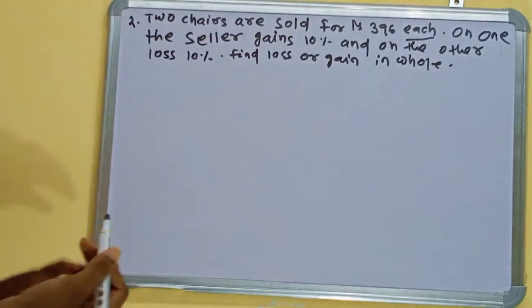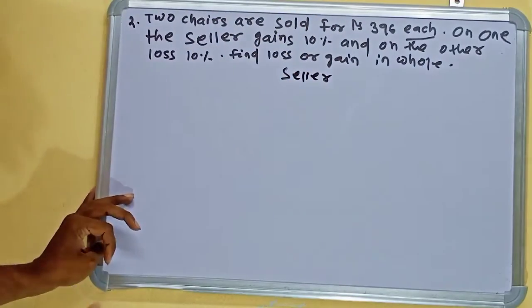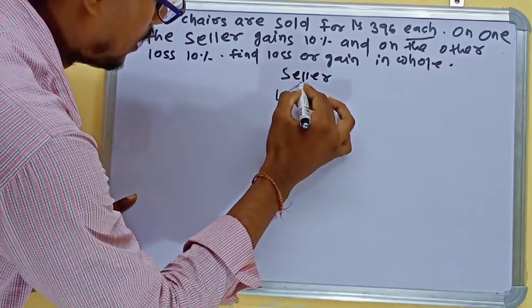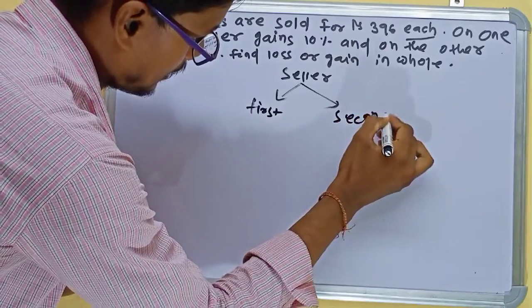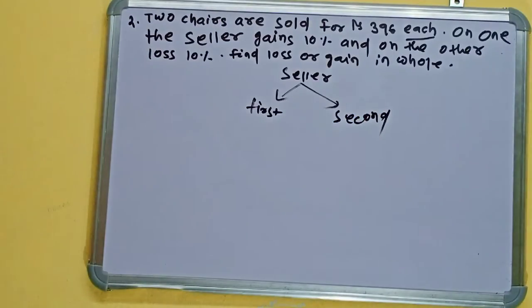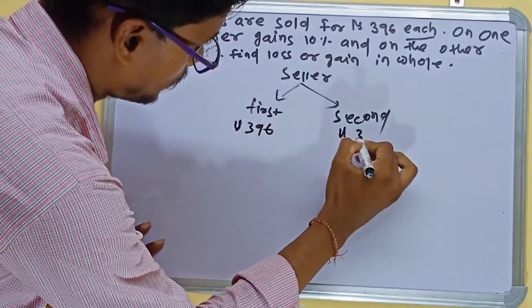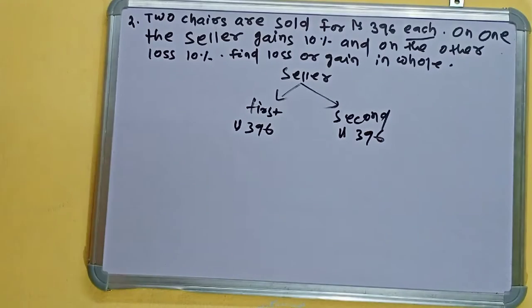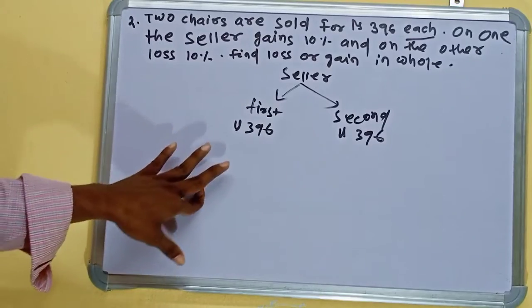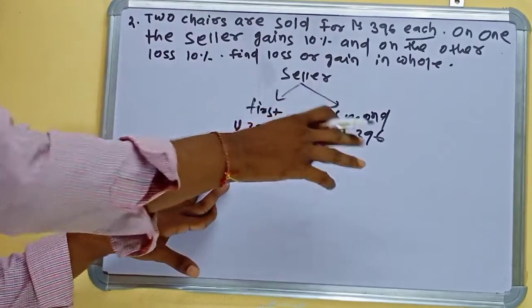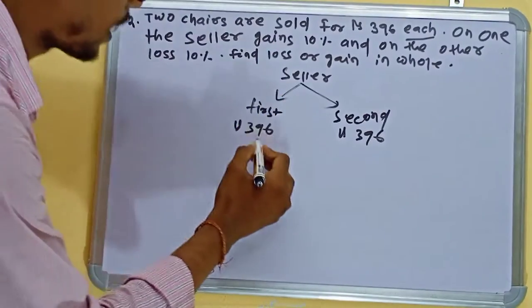A seller sold two chairs, the first chair and the second chair, each for rupees 396.